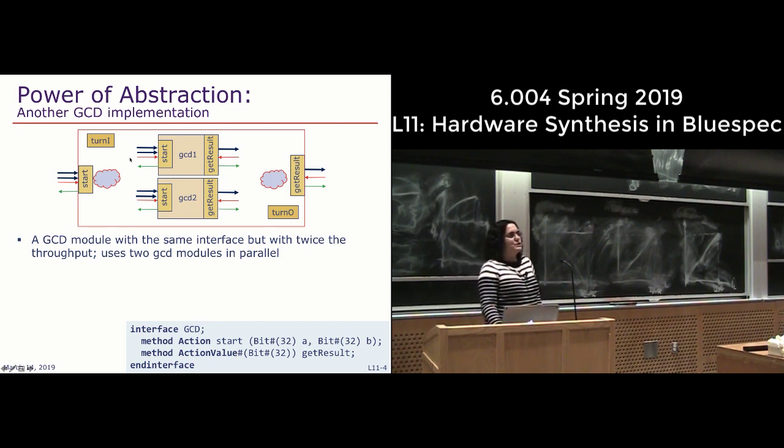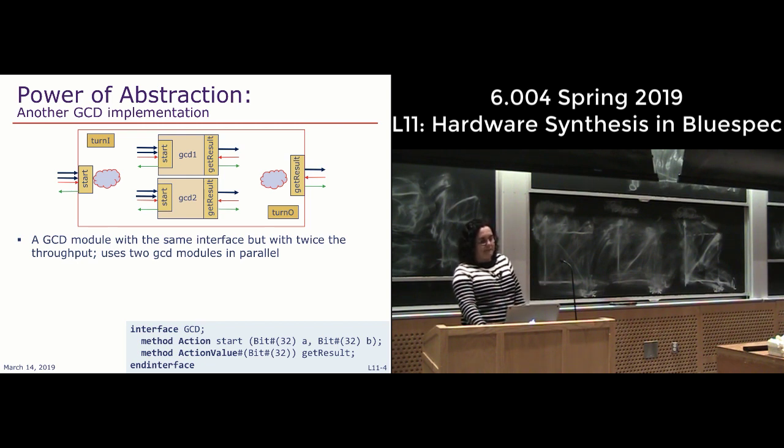But the difference in this new module is that it's going to be faster. The way that it's going to be faster is that I'm going to make use of two basic GCD modules inside of this module to run twice as fast, or get twice as much throughput from this specialized GCD module. And in order to make that work, I need to add a little bit more hardware.